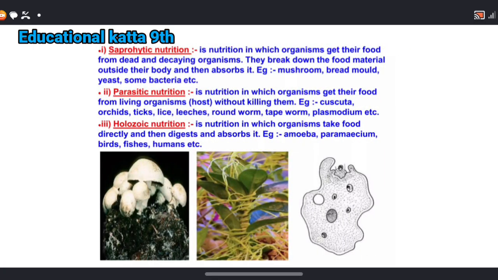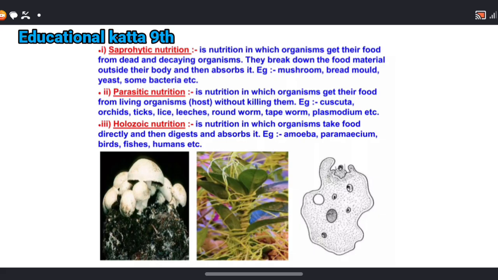Okay, saprophytic, just take a look. It is a nutrition in which organism gets their food from dead and decaying organism. Saprophytic में क्या होता है? Saprophytic क्या होता है बेटा? जो ऑर्गेनिज्म होता है, जो सैप्रोफाइट है, that organism feeds on dead and decaying organism, take nutrition from dead and decaying organism and fulfill their basic needs.